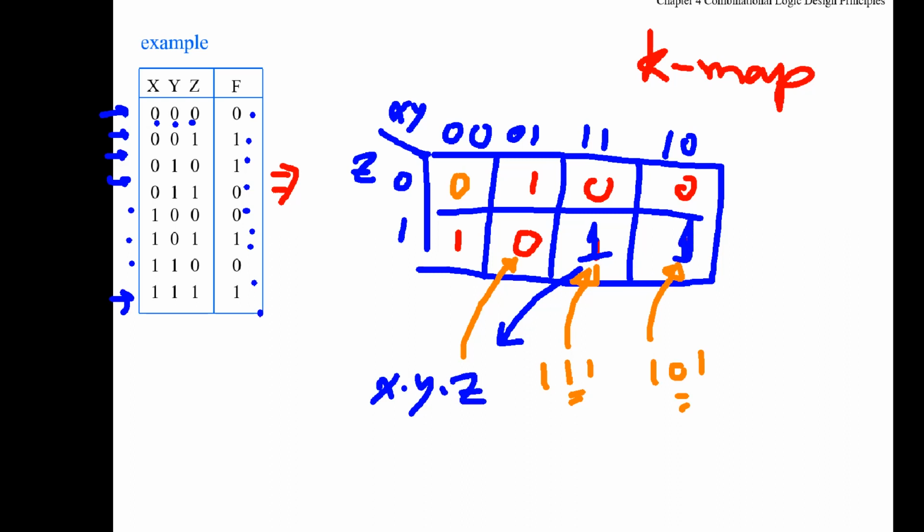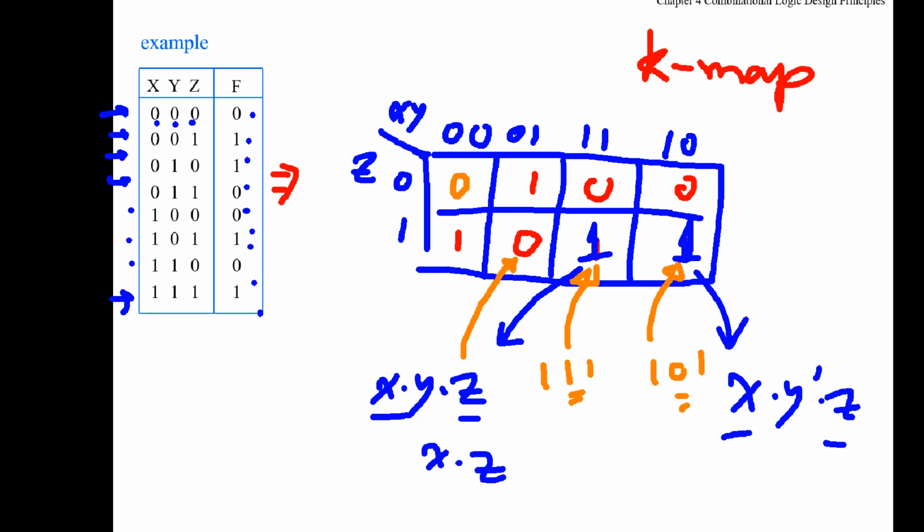How about this one? The input of this logic 1 output is 1, 0, 1, so you can write this as x and y prime and z. When you combine these two terms together, the result will be x and z, right?